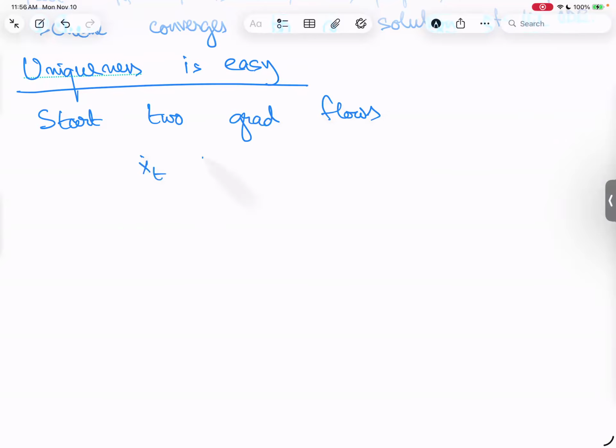One is xt dot, which is in the subdifferential of phi of xt with initial point x0. And the other is yt dot, which is in the subdifferential of the function at yt, starting from y0. So I have two different curves, which are both gradient flow curves, starting from two different initial points.